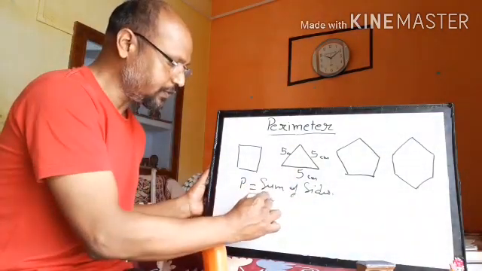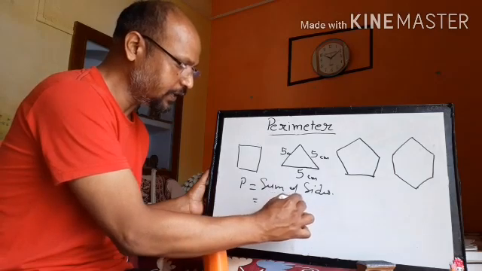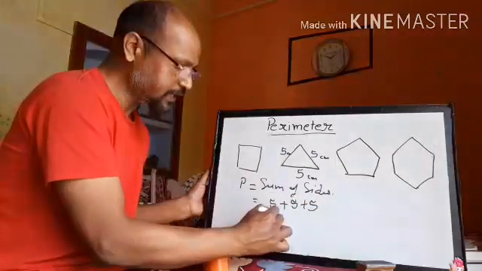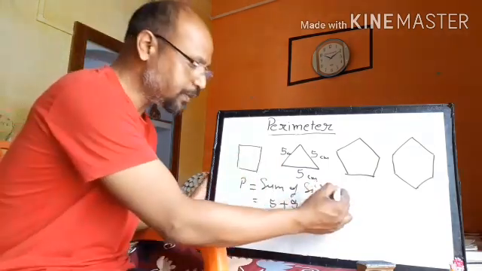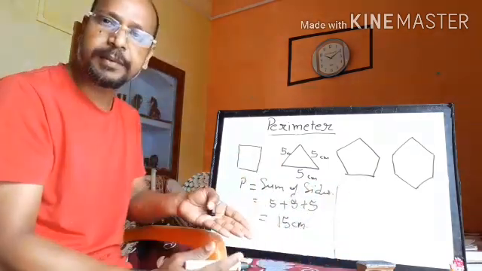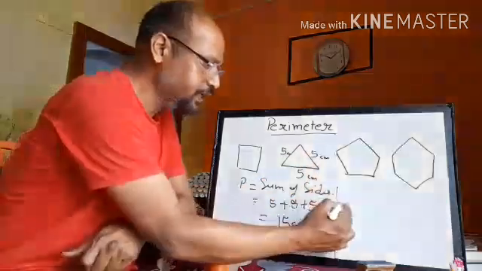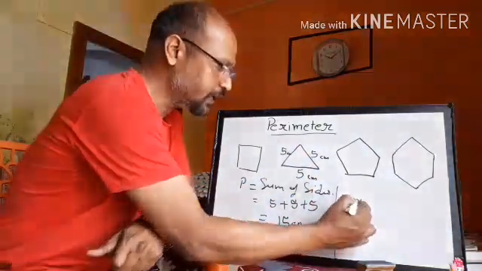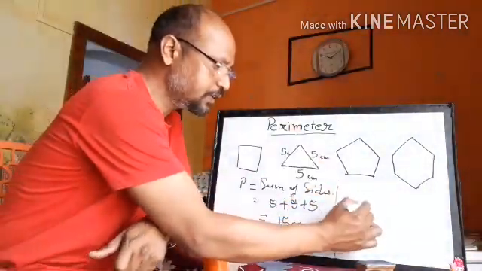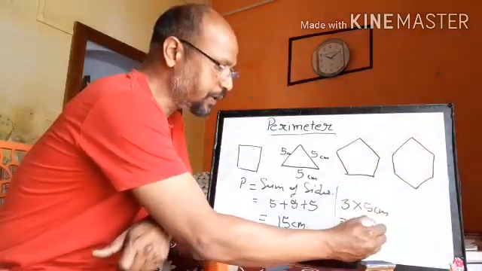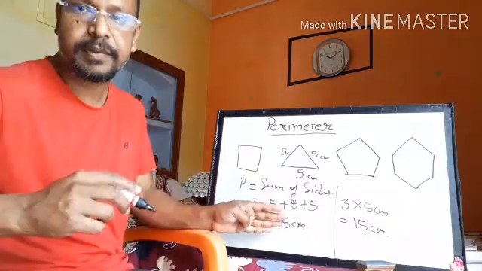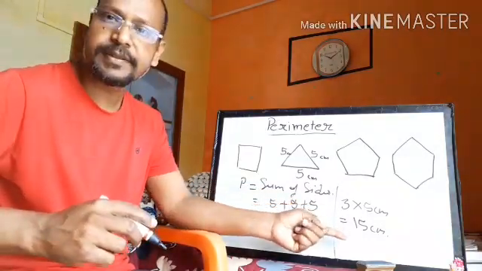The first side is 5, the second side is also 5, and the third side is also 5. Hence the answer is 15 centimeter. Instead of adding them, you can multiply. The number of sides here is 3, and the dimension of each side is 5 centimeter. Multiply them and you will get your perimeter. So either you add them, or you do it like that.